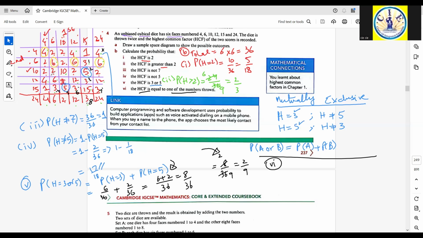Then 10, 4, 10, 6, 10, 10, 10, 12, 10, 15, 10, 24, 12, 4, 12, 6, one of the numbers, 12, 10, 12, 12, one of the numbers, 12, 15, 12, 24, one of the numbers, 15, 4, 15, 6, 15, 10, 15, 12, 15, 15, one of the numbers, and 15, 24.